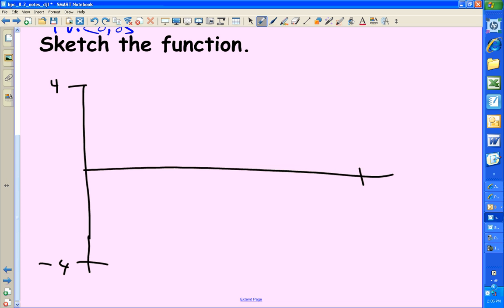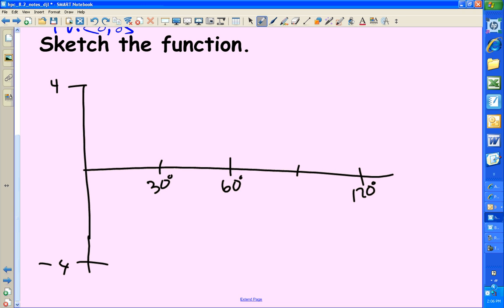This is one period out here. Right, Andrew? How much is one period? 120. So out here is 120. Needs to be labeled. Cut it in half. How much is to here? 60. Cut it in half again. 30.